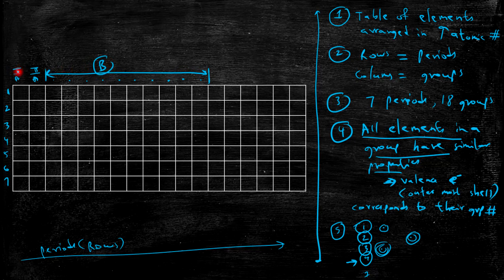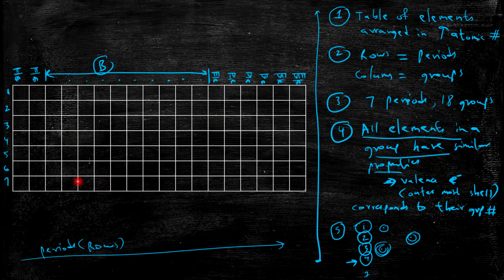Remember this was 1A and 2A. Then I would pick up 3A, 4A, 5A, 6A, 7A and 8A. Okay. So now we have labeled the periods correctly, and we have labeled the columns correctly.